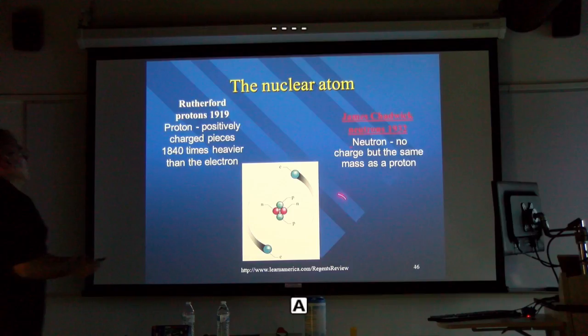Now, another famous scientist who's basically directing us to the true model of the atom was a famous scientist called Niels Bohr. Niels Bohr believed that the nucleus would be like the sun in our universe, and the electrons would be like the planets in our universe.